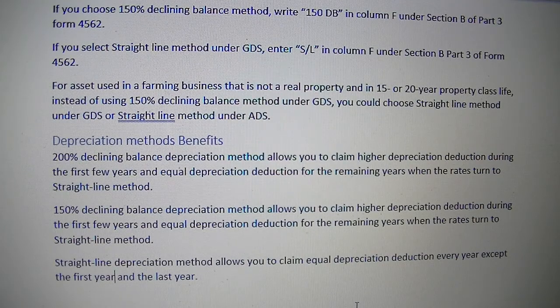So you have to switch to straight line. To my understanding, when you are depreciating an asset that you use for personal and for business, it is listed property, so it uses straight line depreciation.